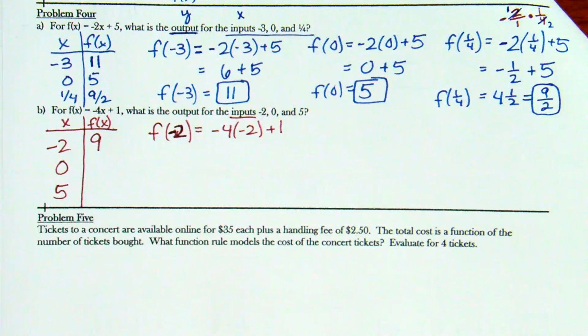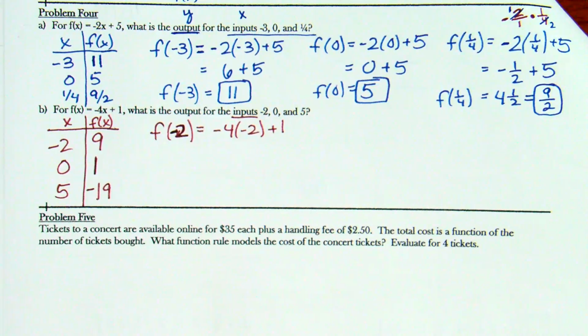I'm just repeating, putting the same number in. I just didn't write it down, okay? Put in 5. Negative 4 times 5. Negative 20. Negative 20 plus 1. Negative 19. Okay, you can write the work down. But again, I'm just putting the basics here. Okay, questions on that section?